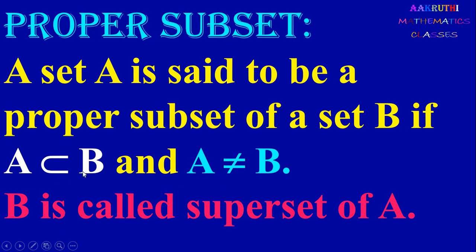Now here A is a subset of B, A is the smaller set and B is the bigger set. So B is called the superset of A. We can read it like this: A contained in B, or B contains A. Here A is a subset of B and B is a superset of A.